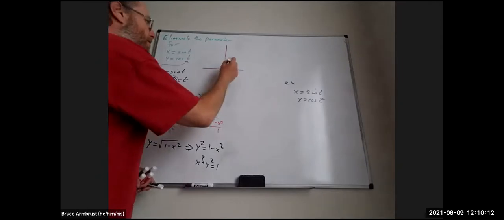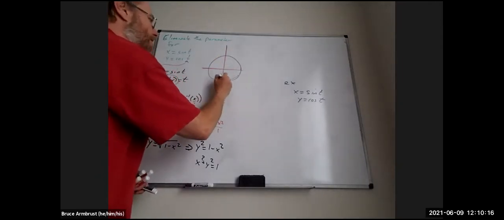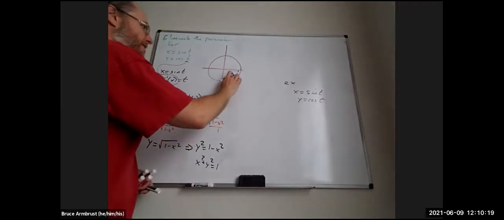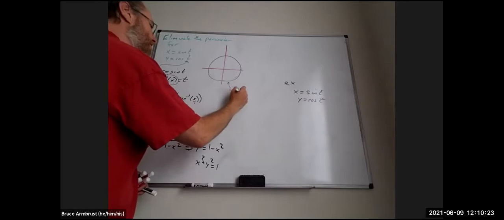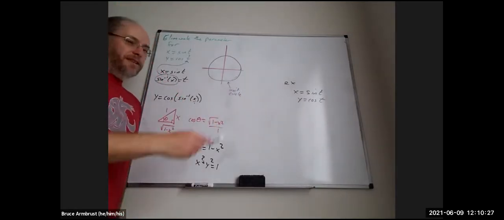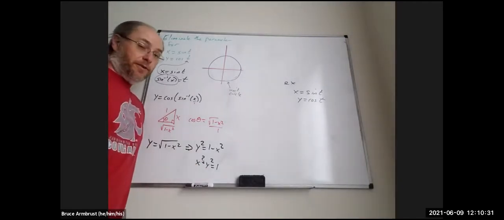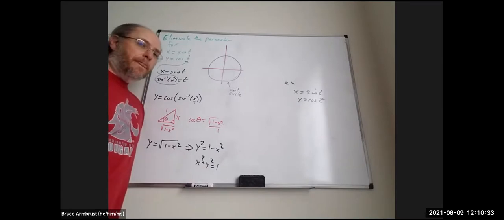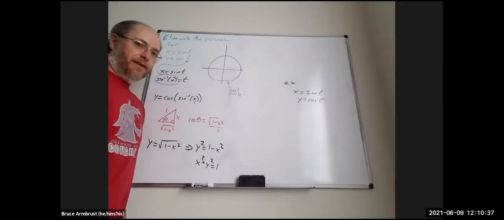But I do know that that path, pretend that that's a circle, it's actually the unit circle. So this set of parametric equations is going to give us the unit circle, or at least part of the unit circle. But the question is, which way are we traveling around this thing?